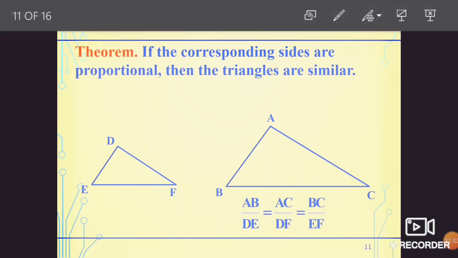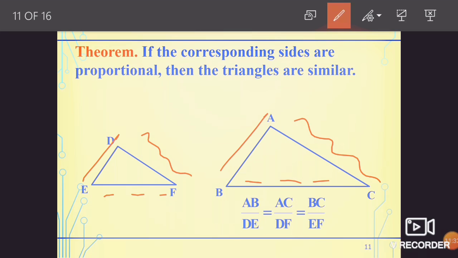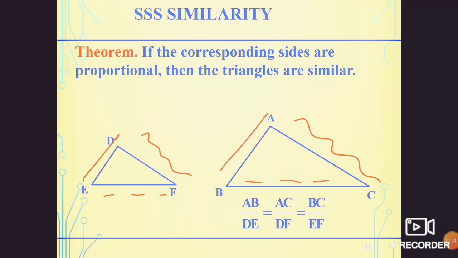If we take the ratio of AB by DE, and that ratio is equal to AC by DF, and that is also equal to BC by EF, if we get all the ratios equal, in that case we can say that by SSS similarity, these two triangles are similar to each other.